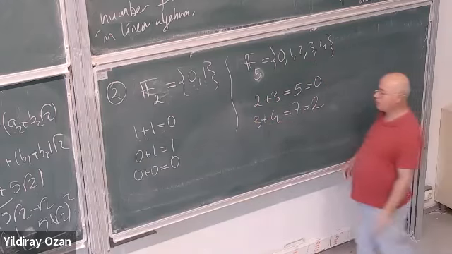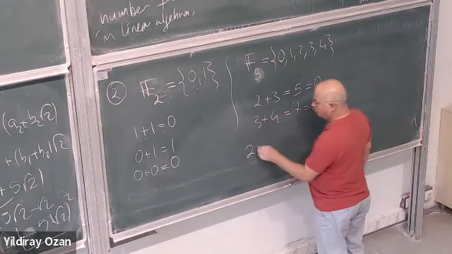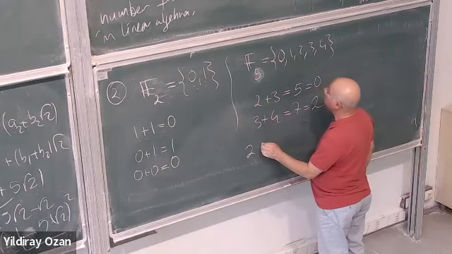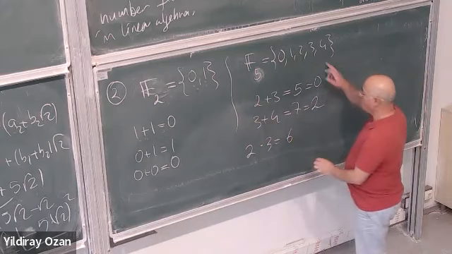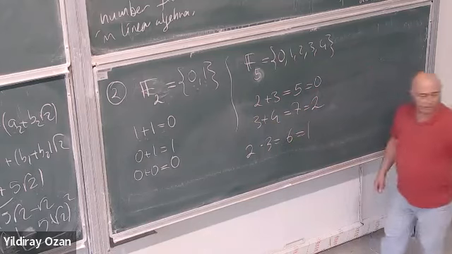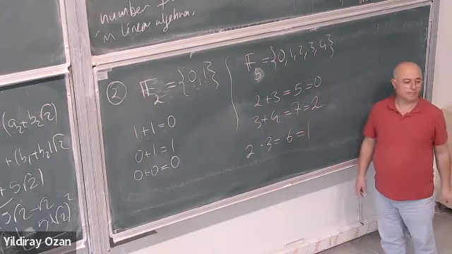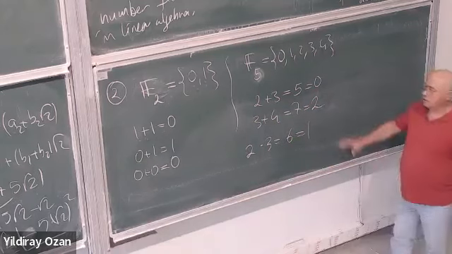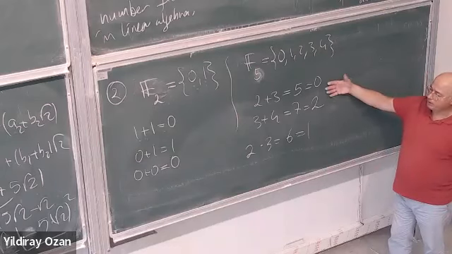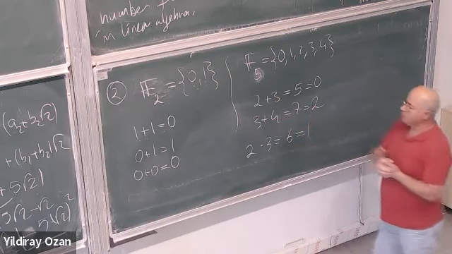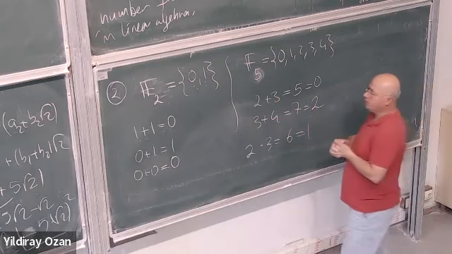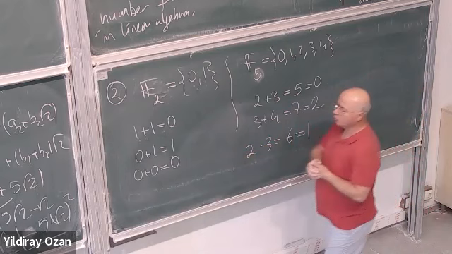Okay. What about multiplication? For example, 2 times 3, it is 6 modulo 5, it is just 1. Okay. So this is modular arithmetic in mod 5. This is mod 2.